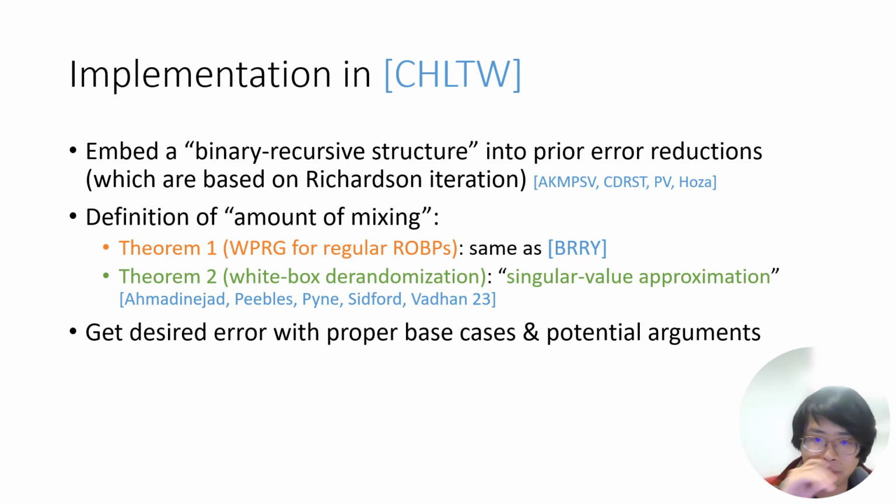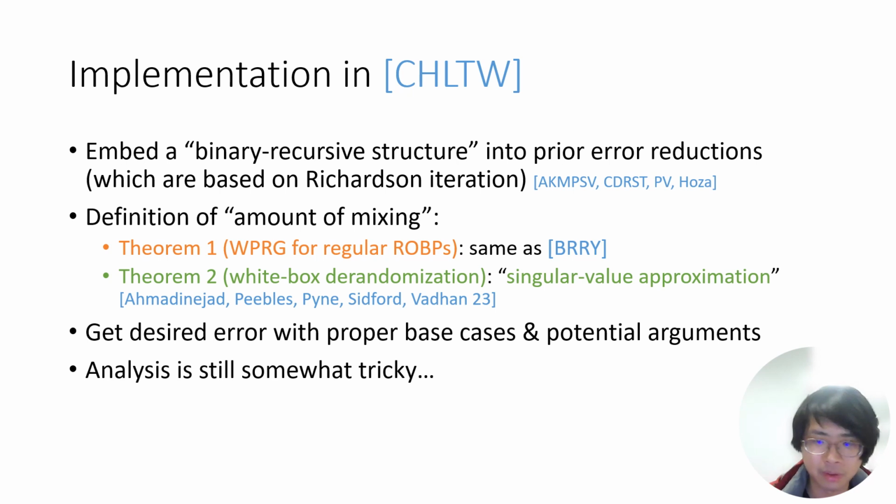With these ideas, they can get a desired error with proper choice of base cases and some proper potential arguments. But probably because the Richardson iteration is not naturally binary recursive, their final analysis is still somewhat tricky and requires some non-trivial ideas.